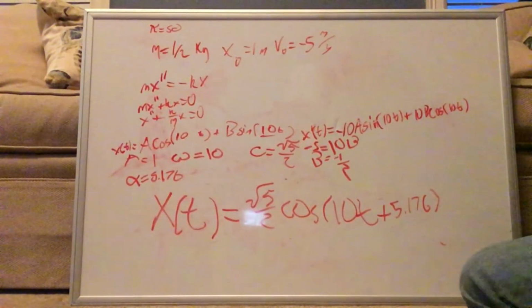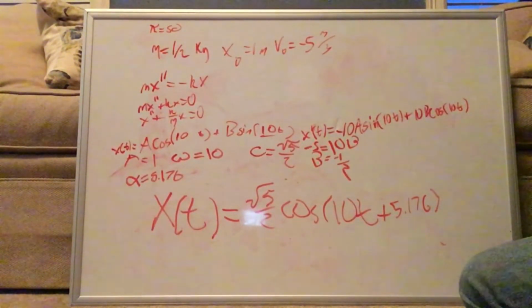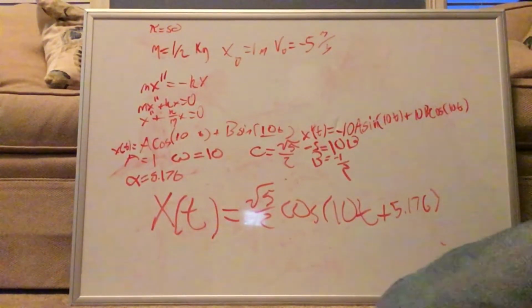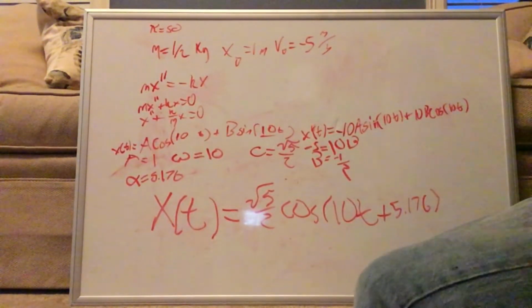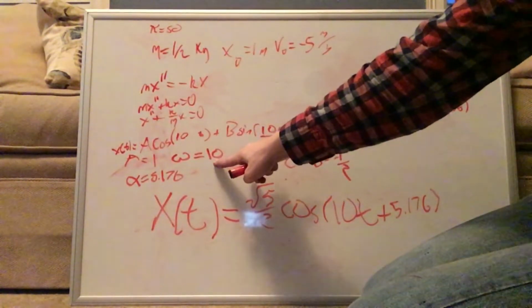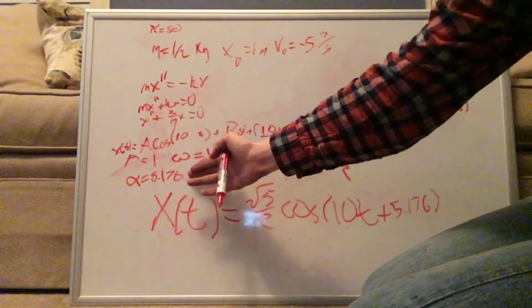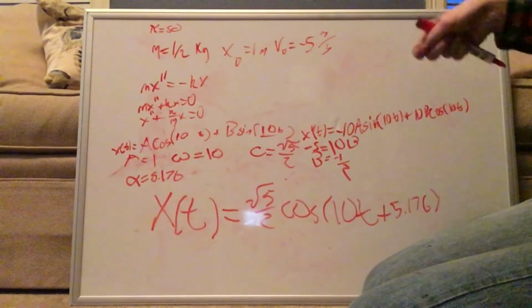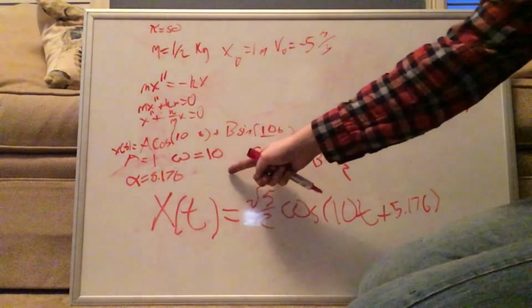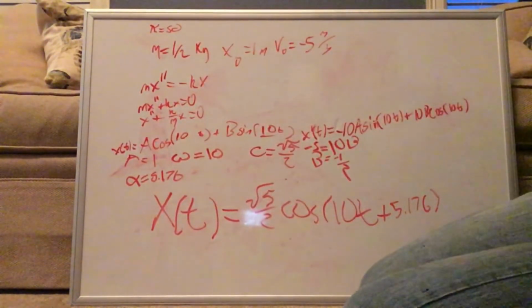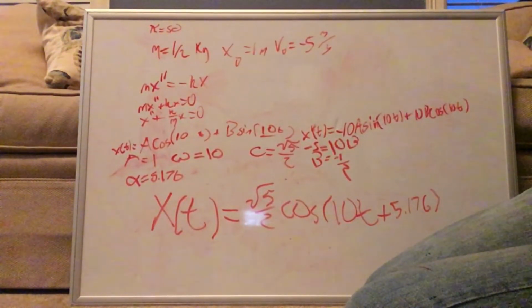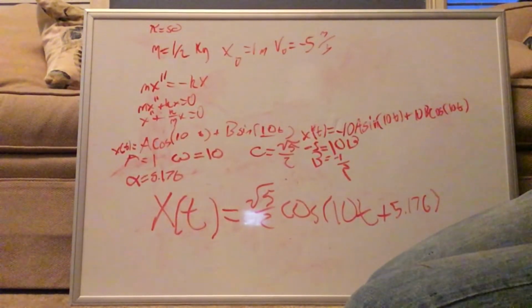Now, the last thing to do is to find the lag time. Finding the lag time is incredibly easy. We have omega, that's how many radians per second. We have radians. Lag time is how long it takes to go the phase angle. So radians over radians per second is going to give us seconds.